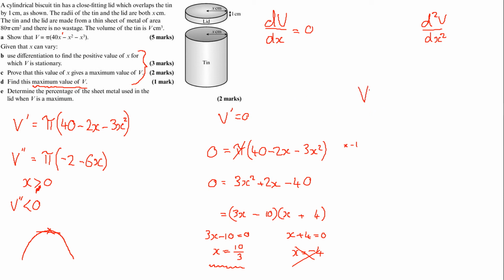So we have V is equal to pi times 40 times x, which is 10 on 3, minus 10 on 3 squared, minus 10 on 3 cubed, which is going to be 2300 pi divided by 27 centimeters cubed.